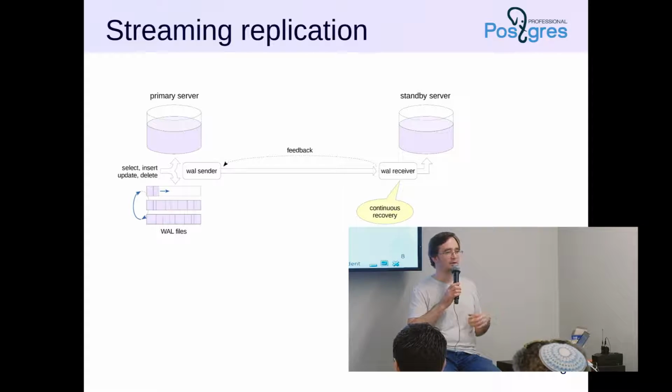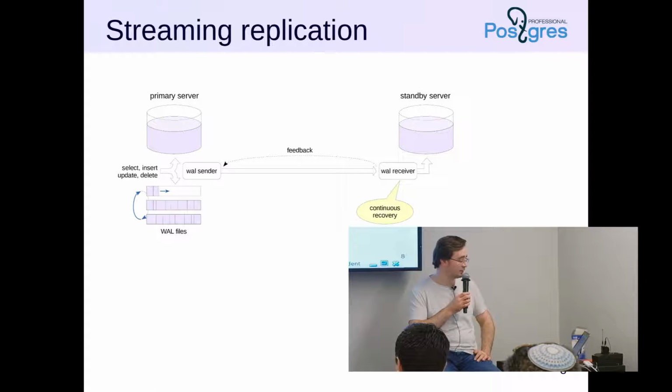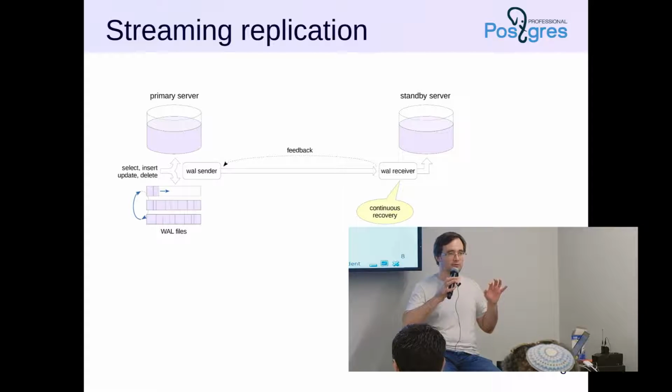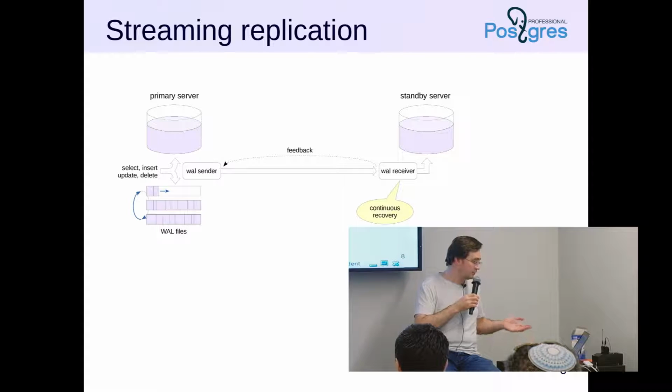Yes, because when your primary server generates WAL records, it gives them through the replication protocol to the replica, and the replica or standby server continuously replays these WAL records, and so we have two servers almost identical, binary identical. This is how replication works.